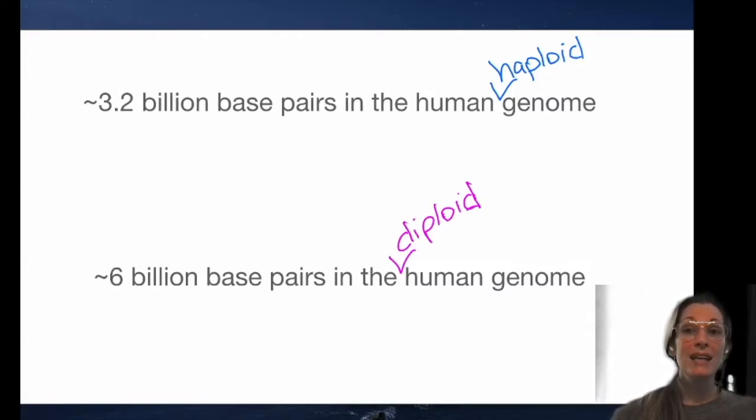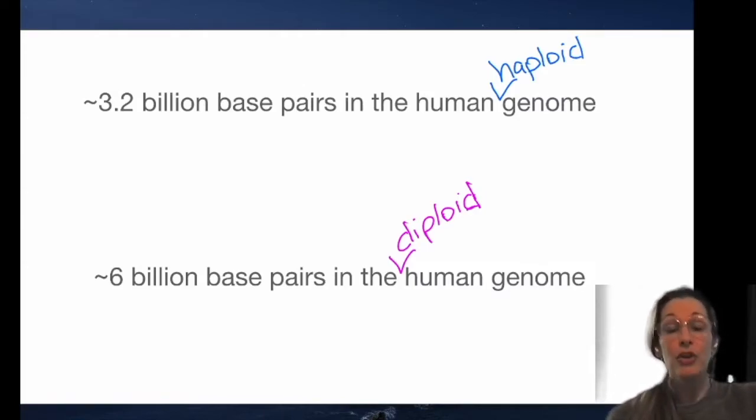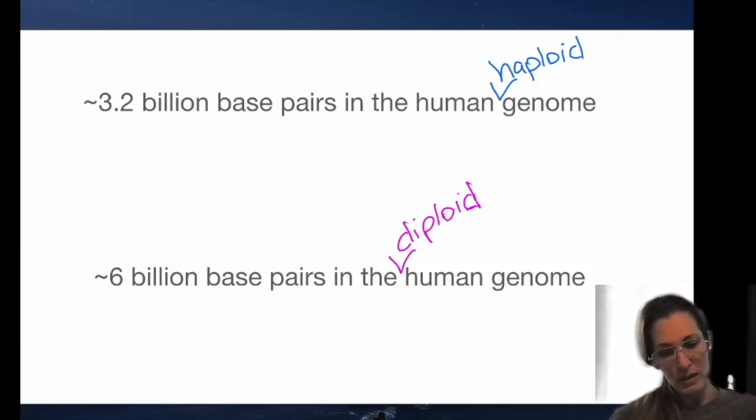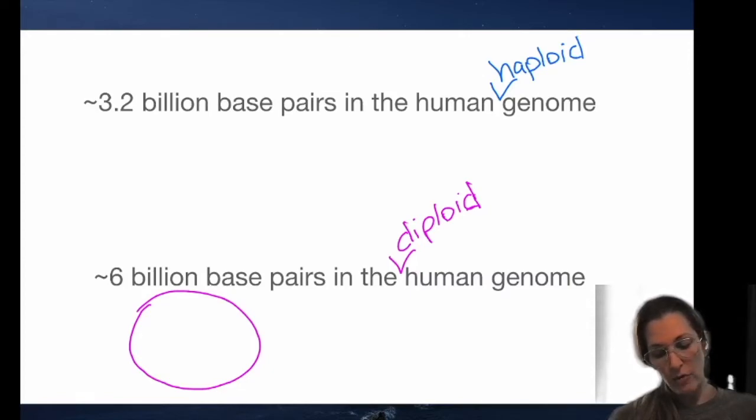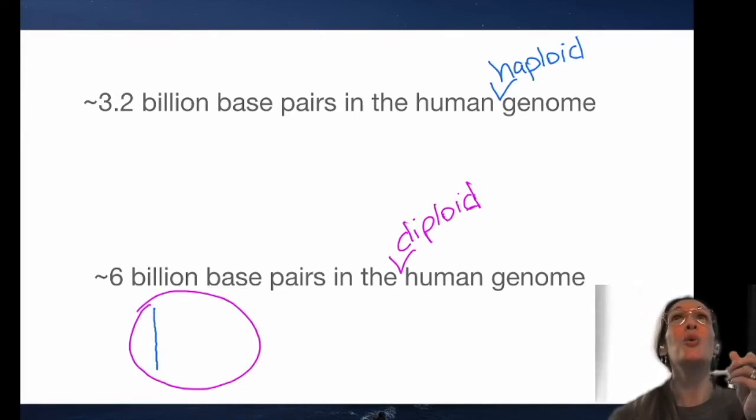But the somatic cells have an additional 3.2 billion base pairs. So let's remind you what we mean by that. If we're in the diploid genome and we have chromosome 1, you're going to have homologs, homologous chromosomes.